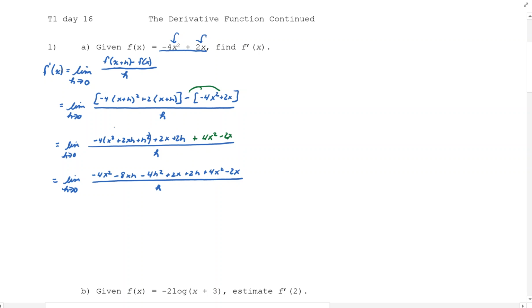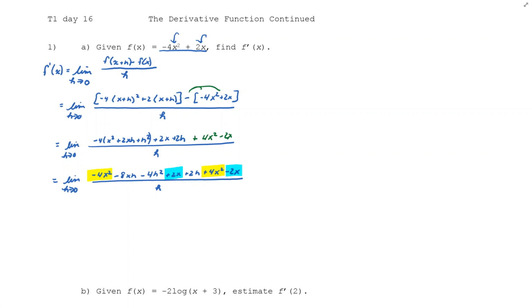So the only thing I did on that line was distribute the negative 4 from this first parentheses. And if we look now, I've got a minus 4x squared, and I've got a plus 4x squared. I have a plus 2x and a minus 2x.